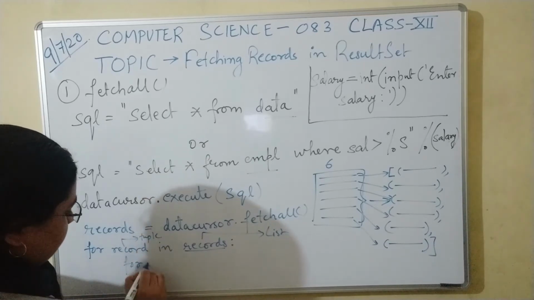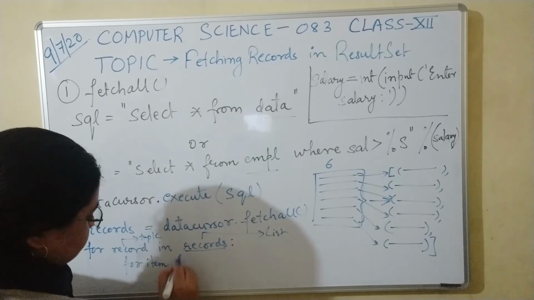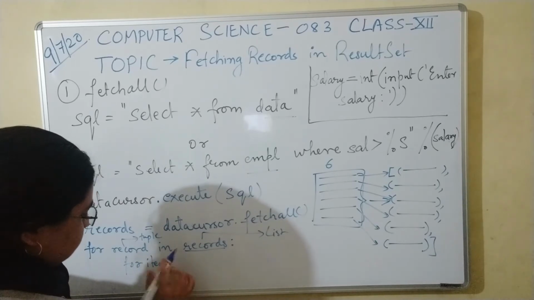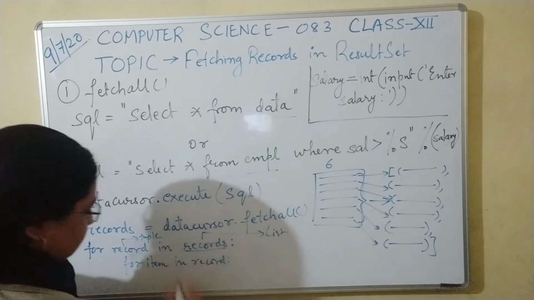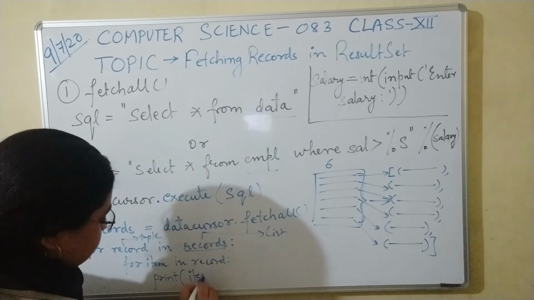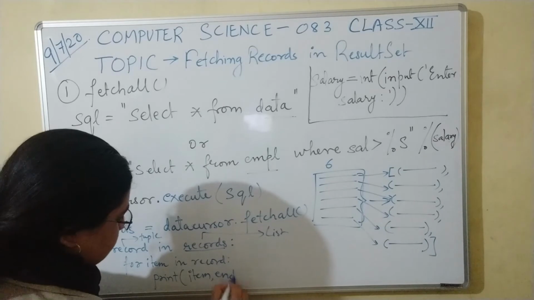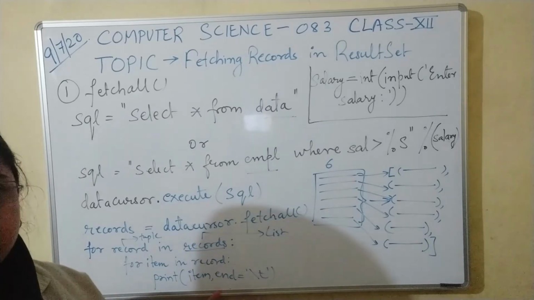Here I can also extract individual data items from the record, and specify it over here: print item, end equals \t. This way you can see that all the records are extracted.